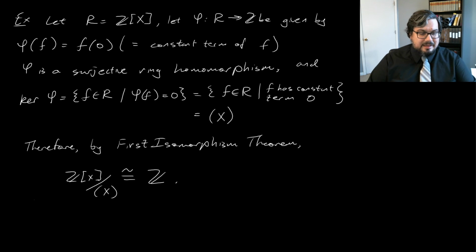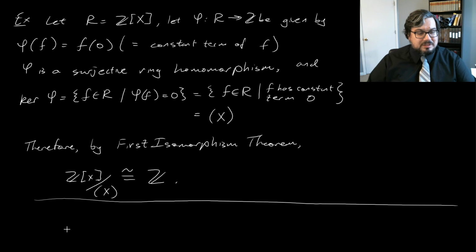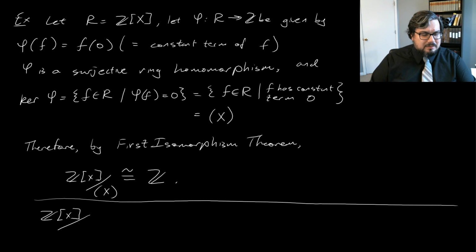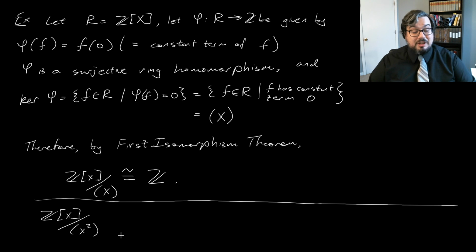Now, just as a short aside, this is special for the ideal generated by X. If we looked at Z adjoin X modulo the ideal generated by X squared, this is not isomorphic to Z. And the reason we could tell this is the following.